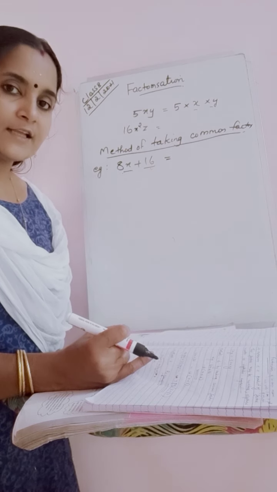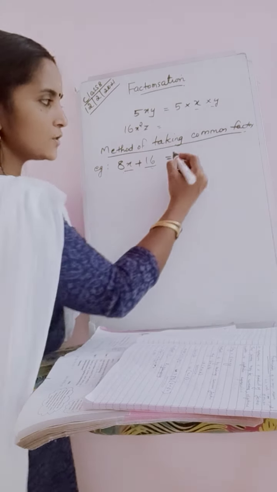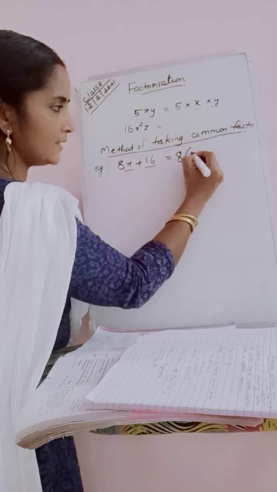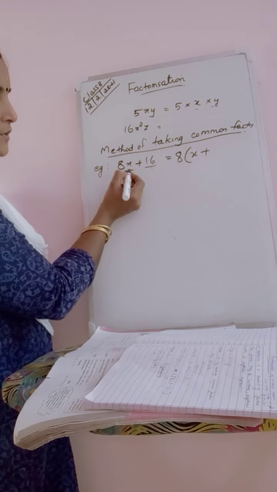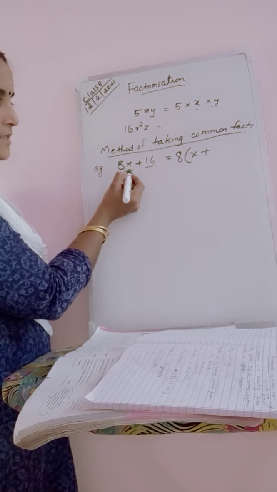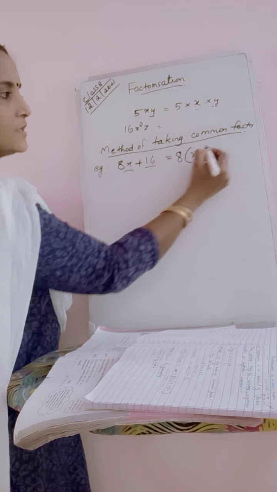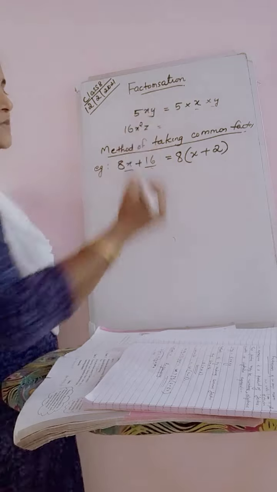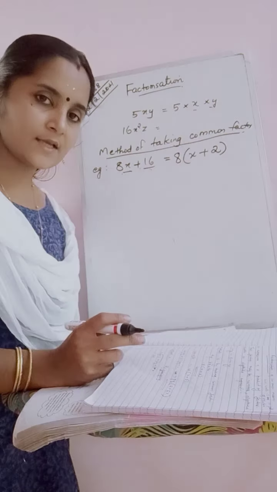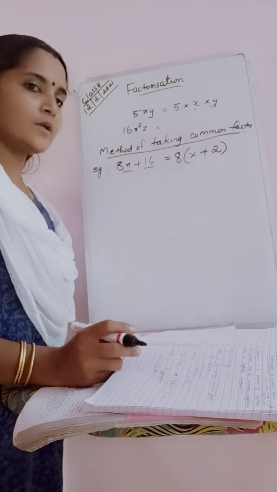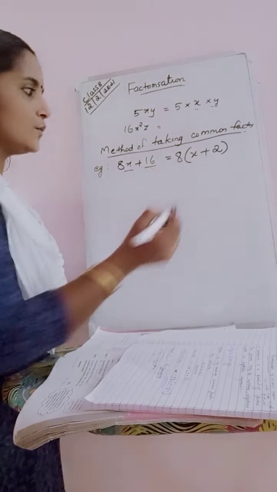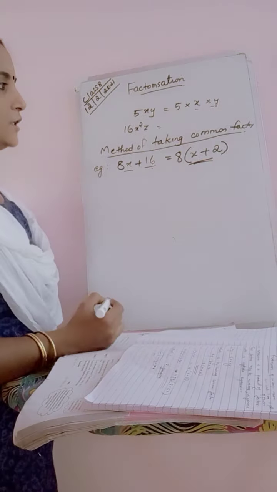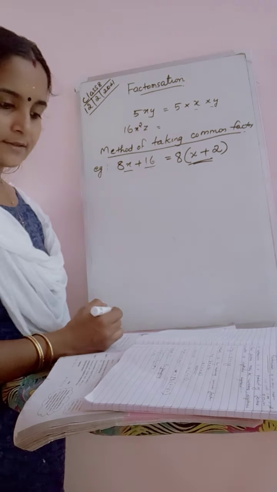Here we take the highest common factor. So we take 8 outside, then we get 8 into x remains plus, here from 16, if you take 8 outside, then 2 remains. So we get 8 into x plus 2. This is the method of taking common factor.